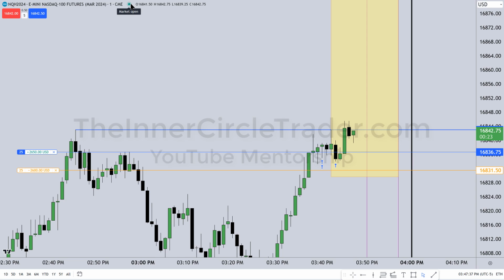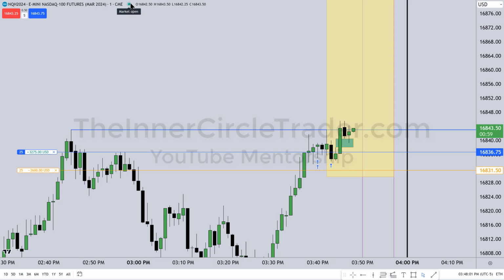So we have a fair value gap we're inside of right here. You see that? So we are looking at how price should expand higher. We'll sit back here and watch it happen. We're entering that sweet spot where the market on close orders will start spooling price higher.